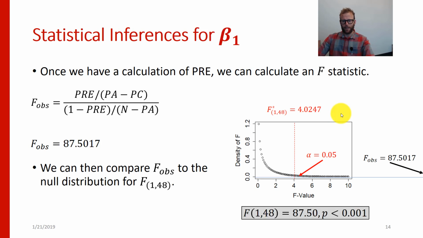And if we wanted to calculate the p-value for this, we could use the probability of F function in R. We can compare F observed to F critical, and we know that the probability is less than 0.05, but what exactly is it? It turns out this is very, very small. For shorthand, I've written this as just less than 0.001. So this is very unlikely to have arisen given the null distribution.